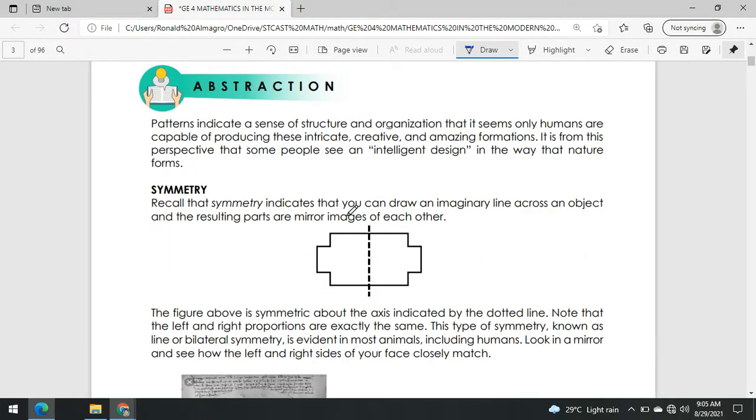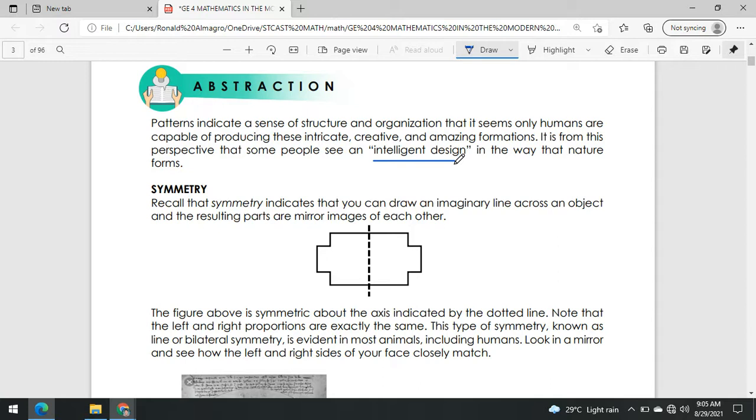Now the abstraction. Patterns indicate a sense of structure and organization that it seems only humans are capable of producing, these intricate, creative, and amazing formations. So it is from this perspective that some people see an intelligent design. As you observe the environment and your surroundings, you see different patterns that may be an intelligent design in the way nature forms. For example, the spider web.